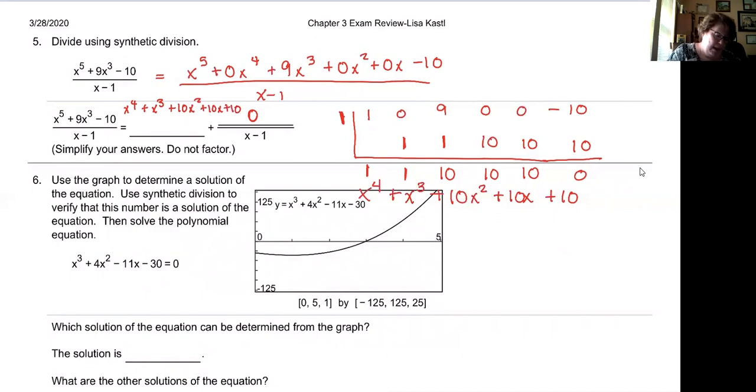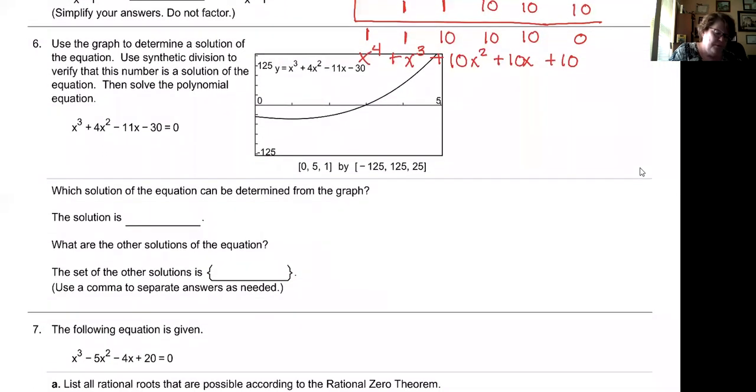All right. The next problem is to start finding the zeros of polynomial functions. And they give you a graph of your polynomial. So by looking at the graph, you can determine the first zero.